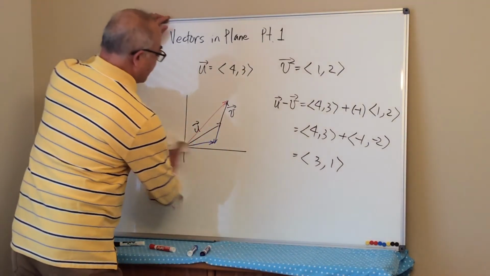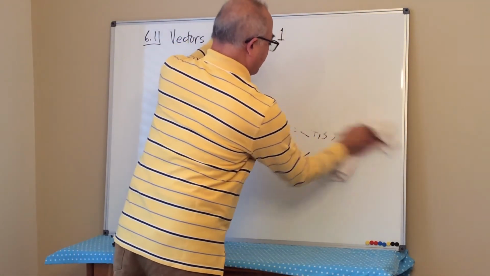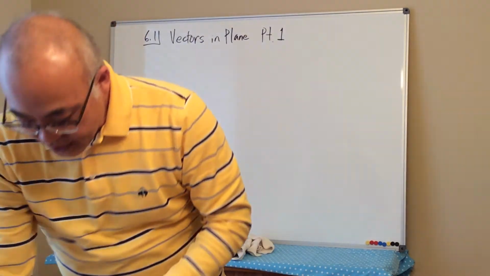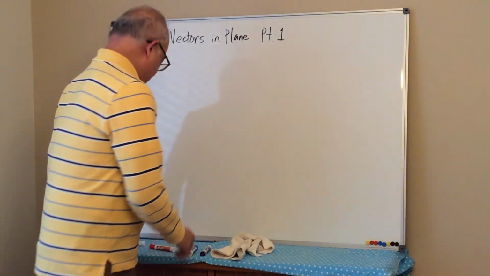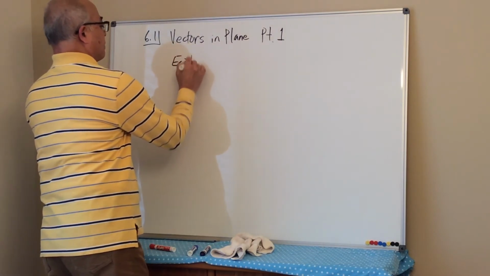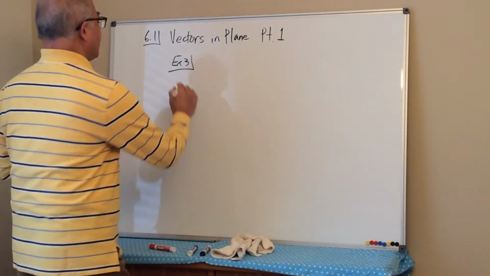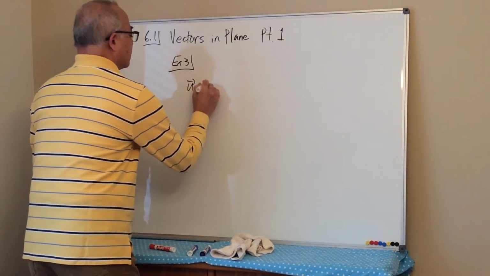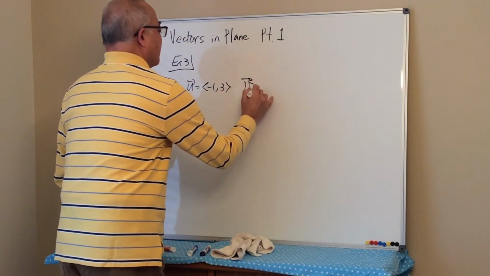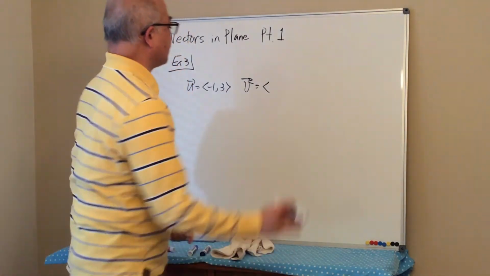Let's do the next example, example number 3, where u is (-1, 3) and the v vector is (4, 7).